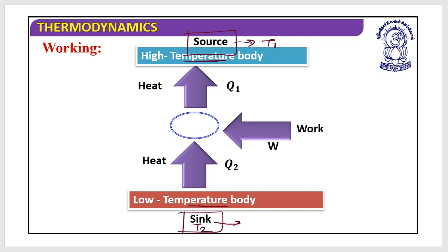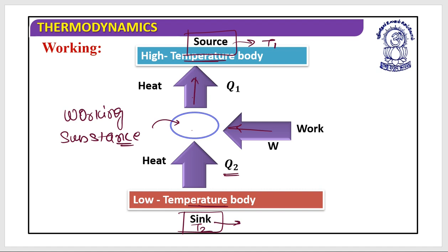From the low temperature body, we receive a certain amount of energy, which we call Q2. This is the working substance on which we are performing the task. We are not getting work from it, but we are working on it, and then we pass a certain amount of energy to the higher temperature. So this is how a refrigerator works.